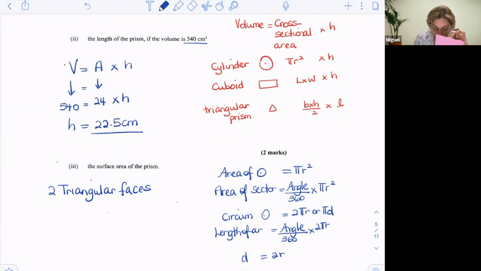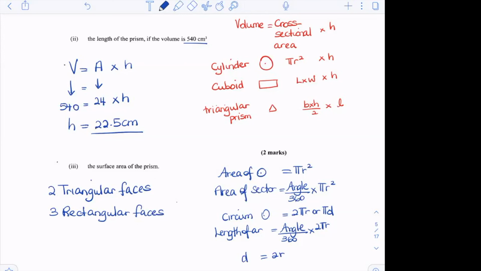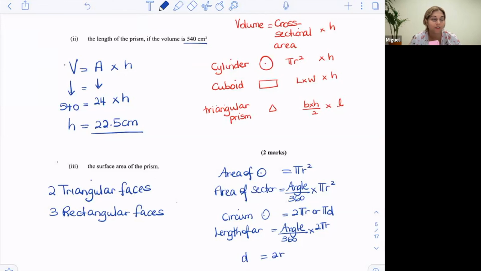So I have two triangular and three rectangular faces. So how many faces do I have in my prism? 5. So I have to find the area of each face to find the surface area. The prism is made up of 5 faces. So to find the surface area, I need to find the area of each face.